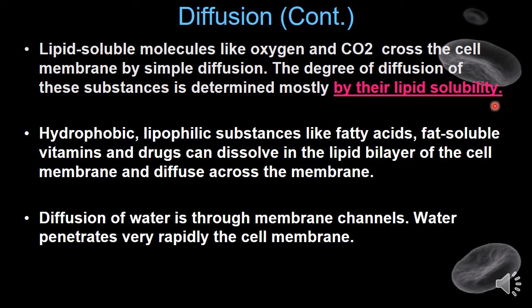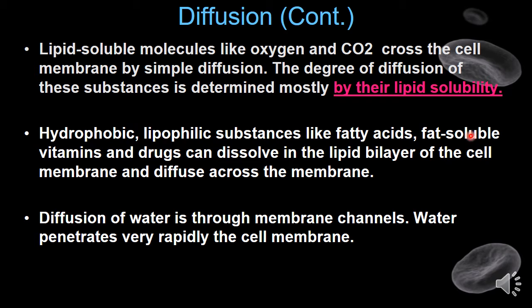The more lipid-soluble the substance, the more the diffusion. If you take carbon dioxide and oxygen, the lipid solubility of carbon dioxide is more than oxygen. For this reason, diffusion of CO2 is better than oxygen through the cell membrane.